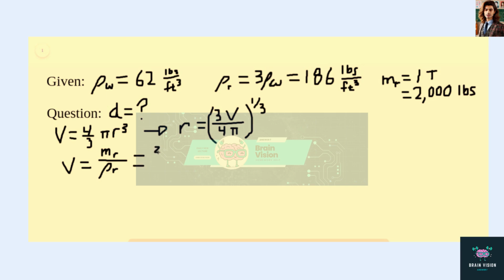We have 2,000 pounds divided by the density, which is 186 pounds per cubic foot.